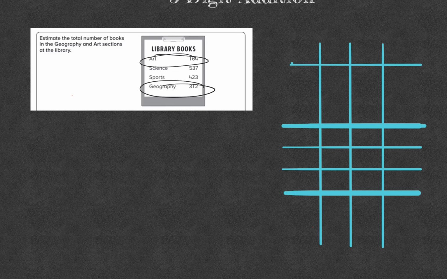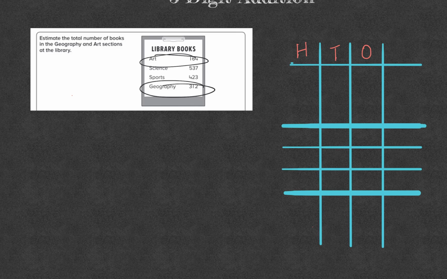I'm going to first start with this grid that I've pre-made so that you don't hear too much of my pencil tapping. And then I'm going to put the place value markers in there. The H is hundreds, T is tens, and the O is ones.